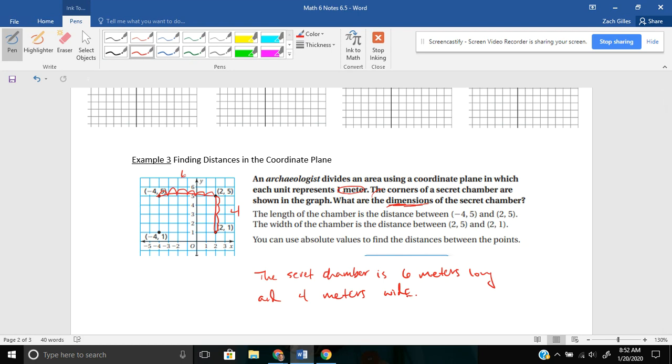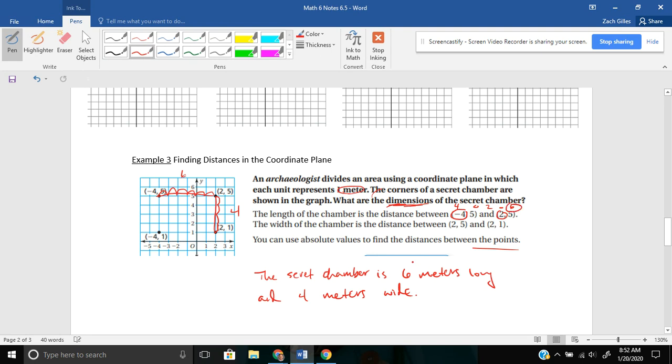And when they say you can use absolute value to find the distances between the points, that's like saying, okay, from this point to this point, from negative 4, 5 to 2, 5, what is the distance from negative 4 to 2? Well, from negative 4 to 0 is 4, and from 0 to 2 is 2 more, so 4 plus 2 would give us 6.